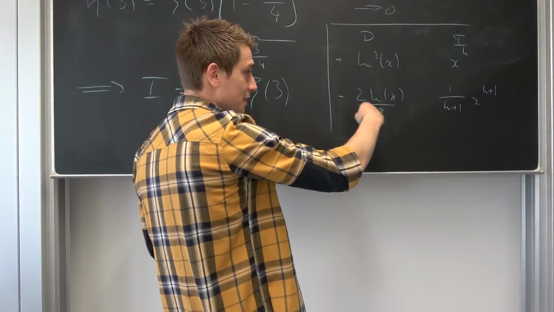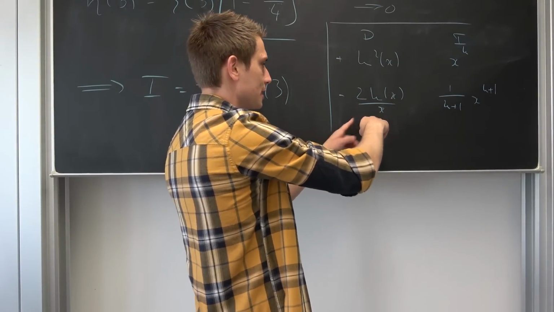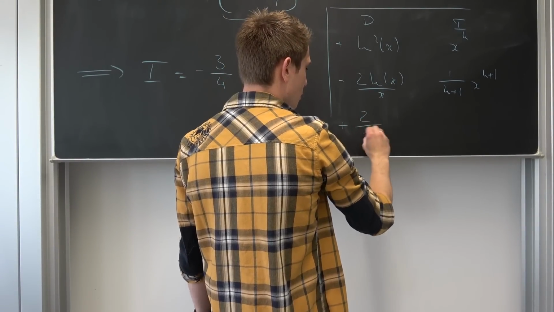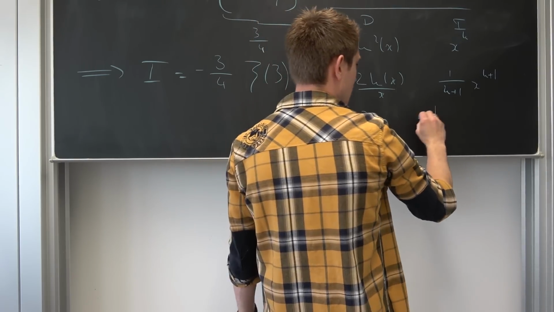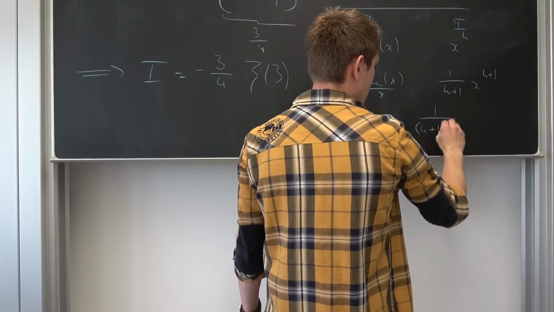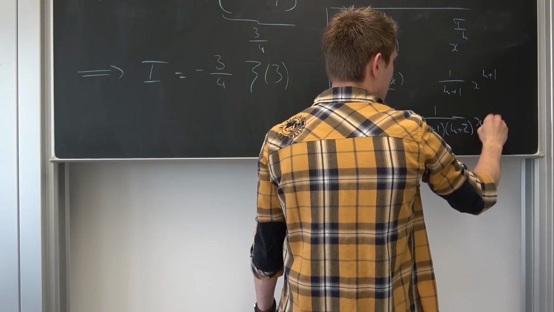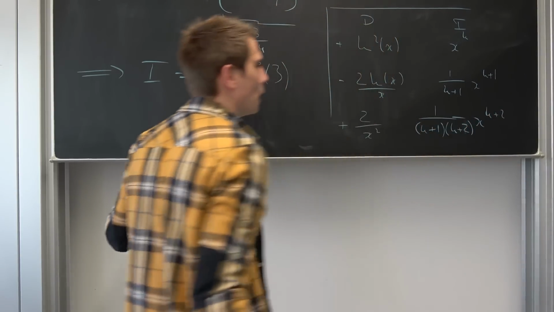Then we would have this term, meaning we can differentiate this once more, leaving us with 2 times 1 over x squared, and here we are going to get 1 over k plus 1, k plus 2, x to the k plus 2th power.